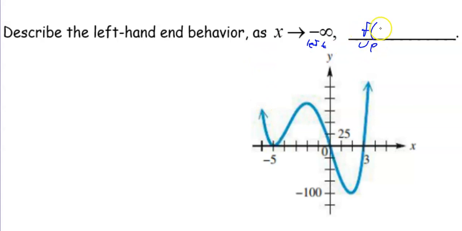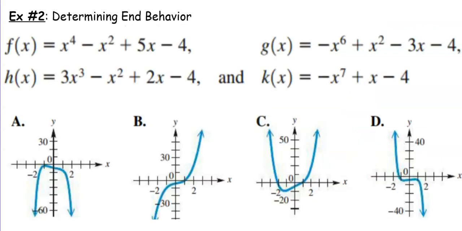So that would be f of x approaches infinity. So as the value of x gets extremely negative, the value of y will get extremely positive. As x gets extremely positive, y also gets extremely positive. So we know this is an even function. As x goes left, y goes up. Boom.